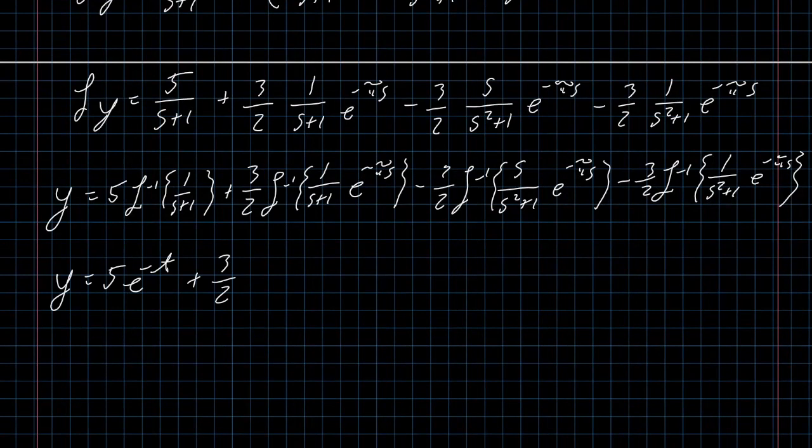Inverse Laplace transform of 1 over s plus 1 is still e to the minus t, but it's being multiplied by this exponential. And those exponentials drive Heaviside expressions. So this is going to be e to the minus t minus pi times the Heaviside function of t minus pi.